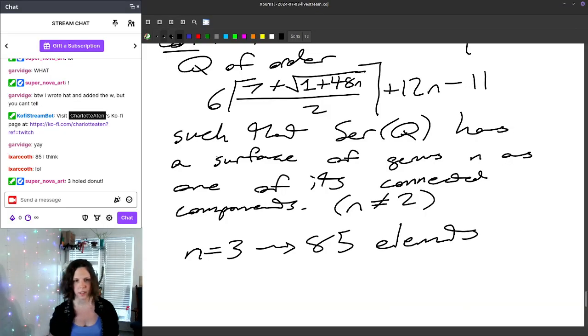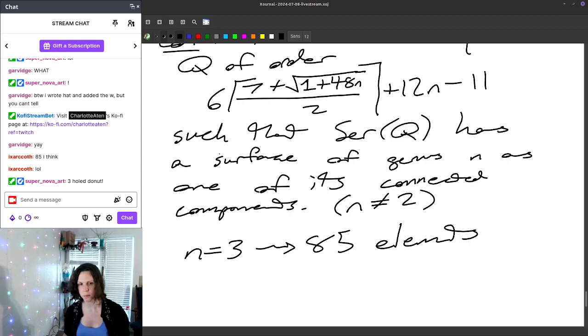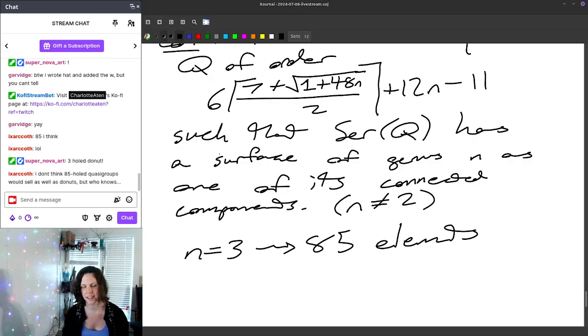And so this state of affairs is significantly better than the one for groups, in the sense that we can know that we can do this for every possible one of these surfaces.